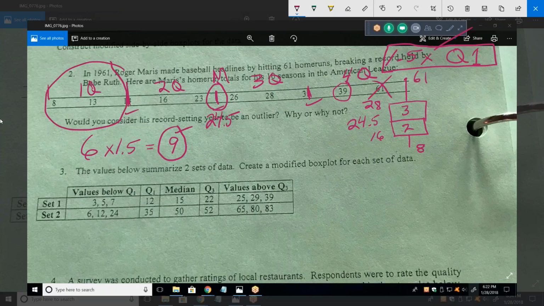Now let's look at the other end. Let's look at 8. Now 8 is only an outlier if it lies 9 points below what? Below the first quartile, or third quartile, below the second.